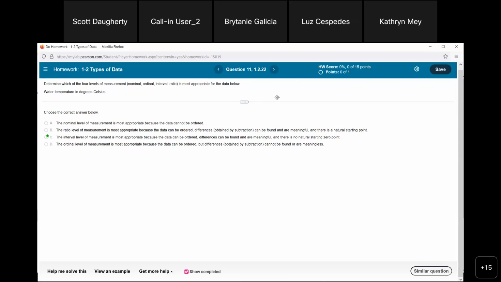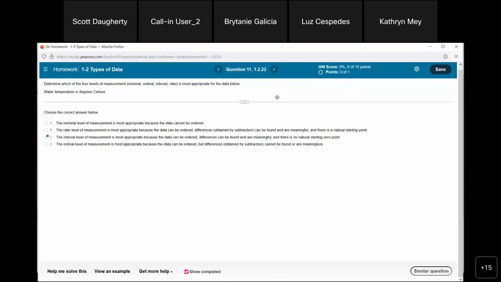The difference between them is meaningful. An example of this one would be the water temperature measured in degrees Celsius. You measure this water over here and it might be 50 degrees, and you measure this water over here and it might be 40 degrees. So you've got different categories.